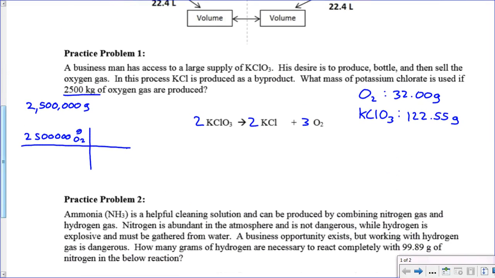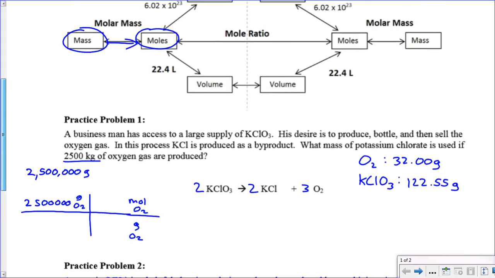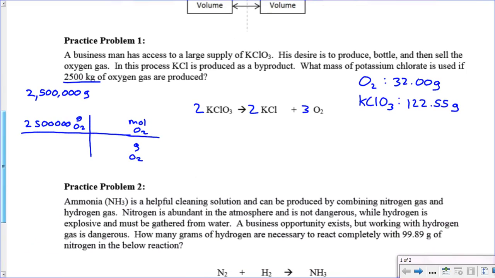So we have to think, how many grams of O2 are in 1 mole of O2? The conversion factor as listed there is the molar mass, which comes from the periodic table. We've calculated it already: it's 32.00 grams in 1 mole of oxygen.